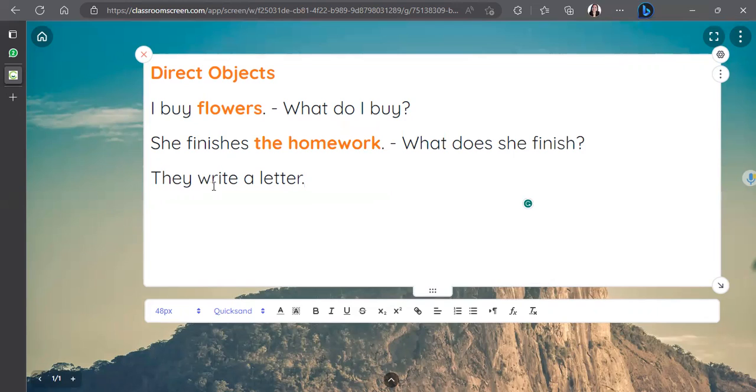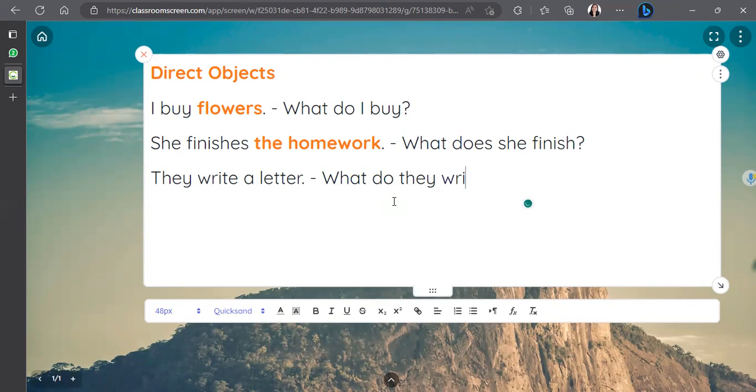Okay. Now, what about in the other one? They write a letter. Subject, verb, complement. Everything is okay. So what is the question in this case? What do they read?